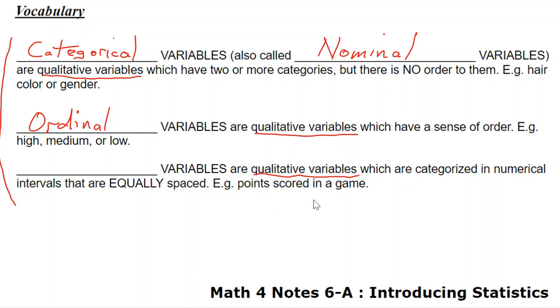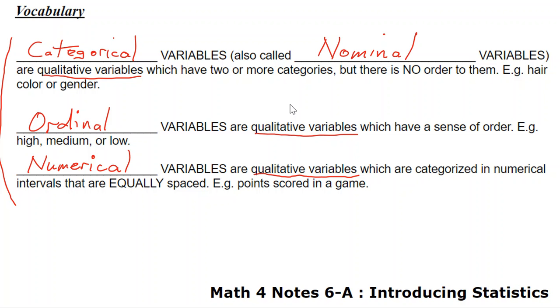Now, here we have, is the one always, yes, numerical. There are numerical variables that are equally spaced. For instance, points scored in a game.